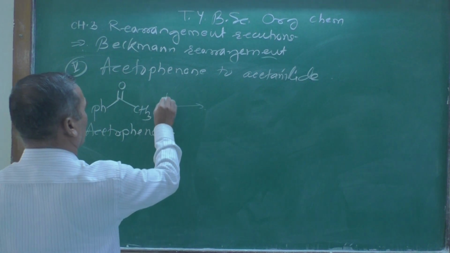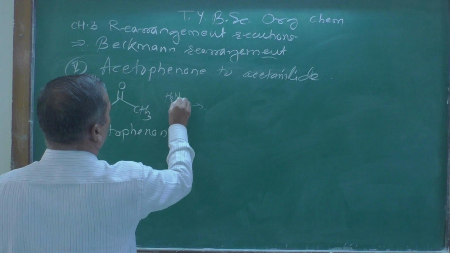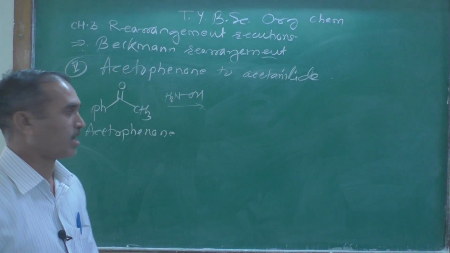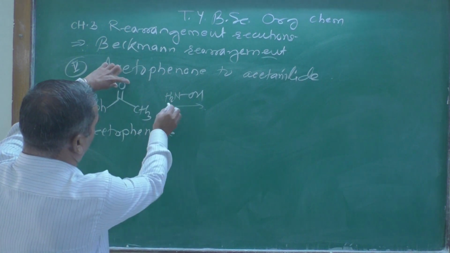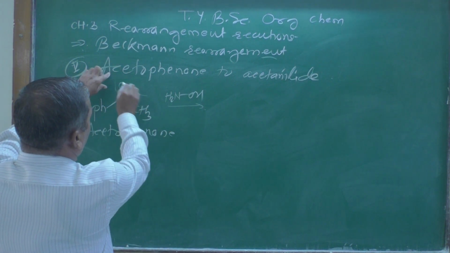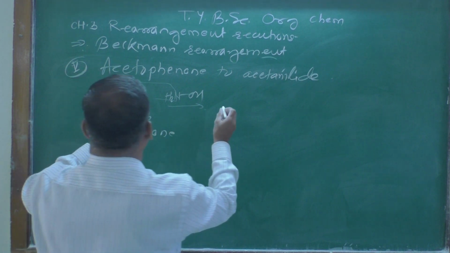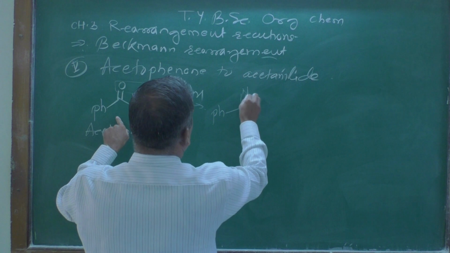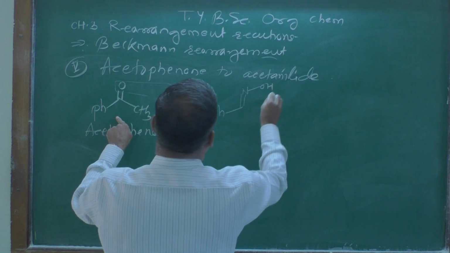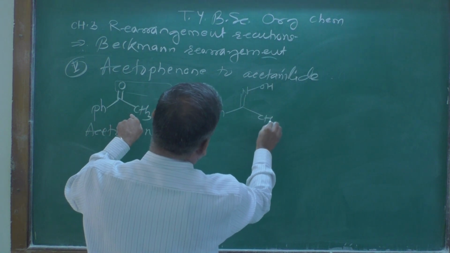Here generally we are using H2NOH, this is hydroxylamine as usual. And now what is going to happen? Again this oxygen atom and this H2 are going to be removed, and you are going to get here pH, then double bond N, then OH and this CH3, right?